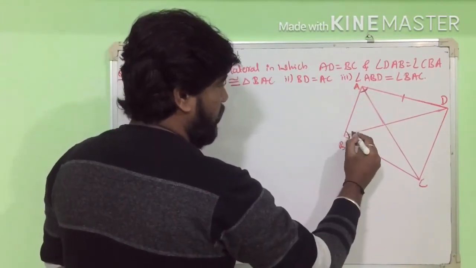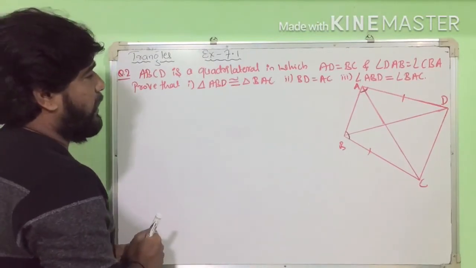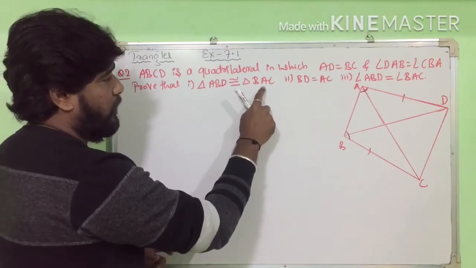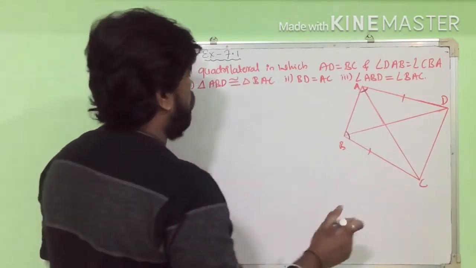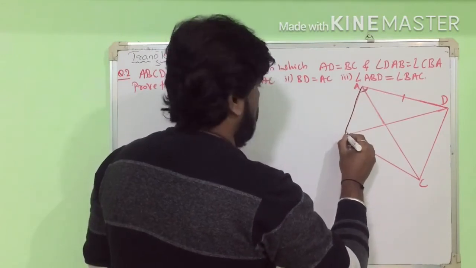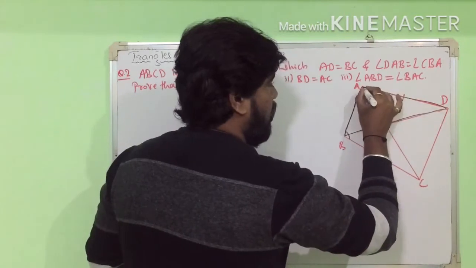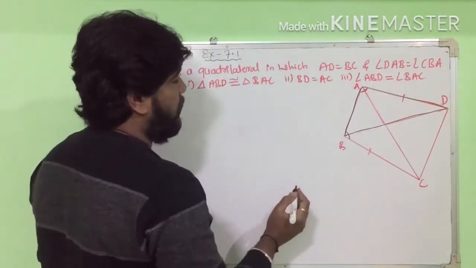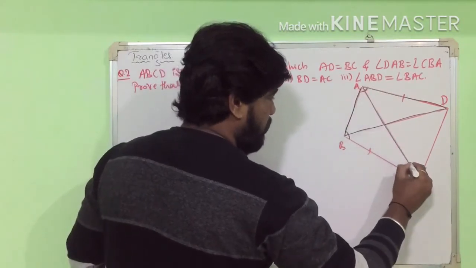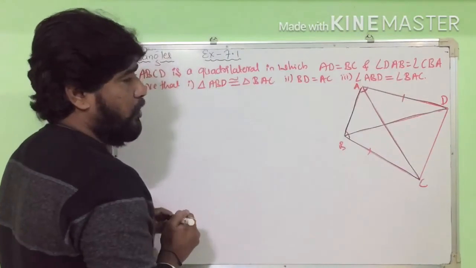So these two angles are equal, and they said prove that the triangle ABD is congruent to the triangle BAC. So we want to show these two triangles are congruent to each other.